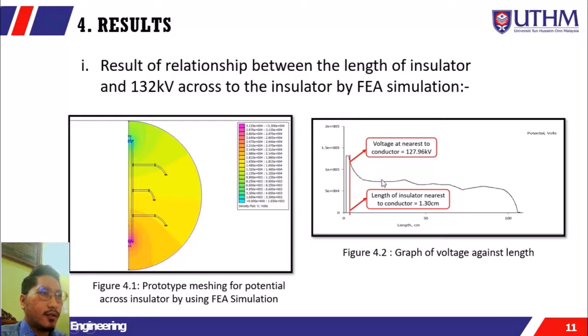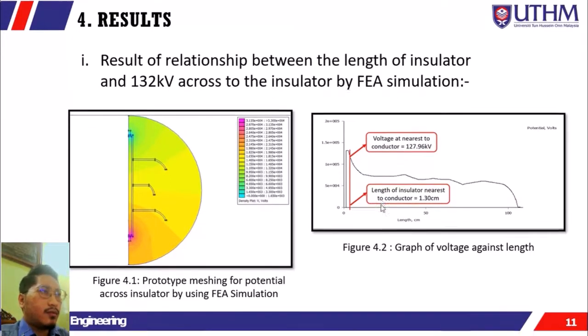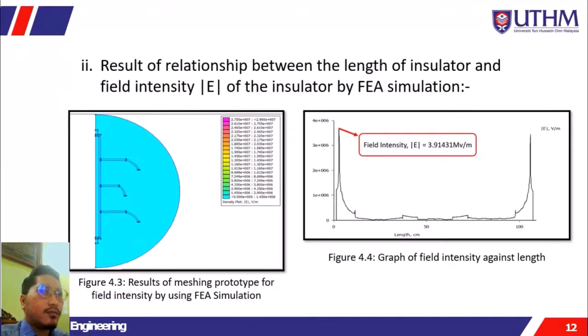And this graph will decline to 0 as we go through to the ground spot. We got 0, which means the nearer the place towards the conductor, the higher the voltage, which is 127.96 kilovolt.